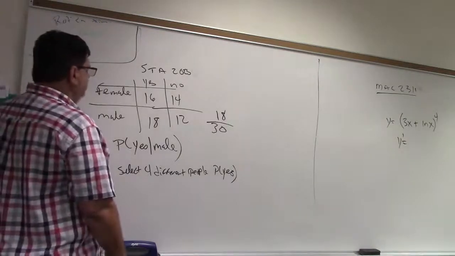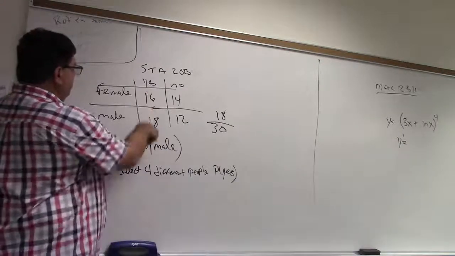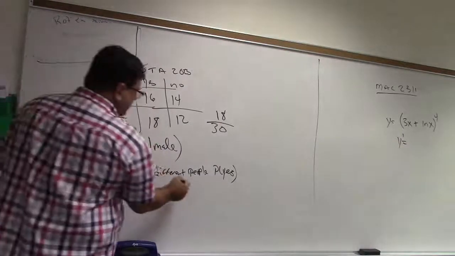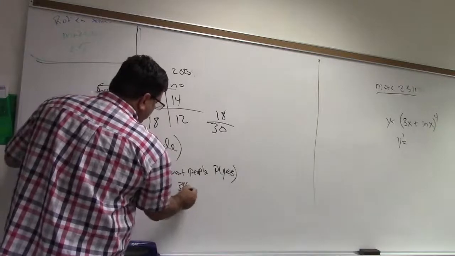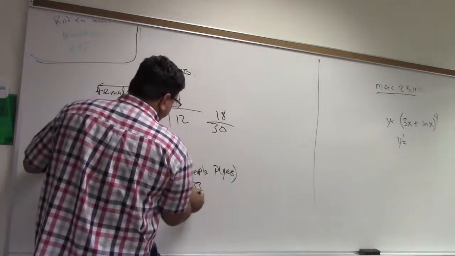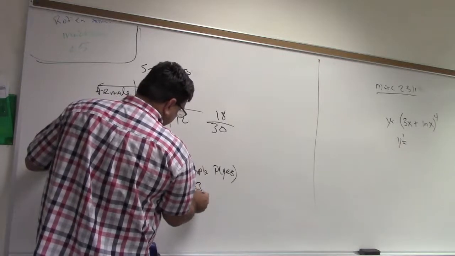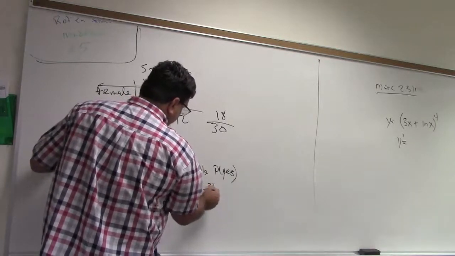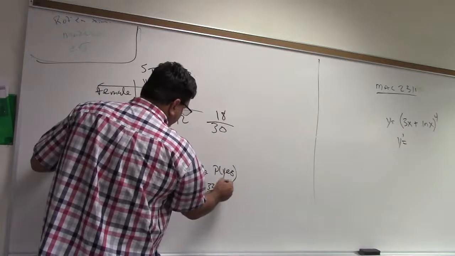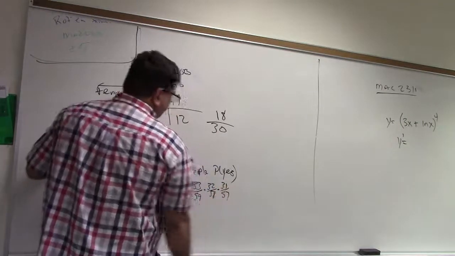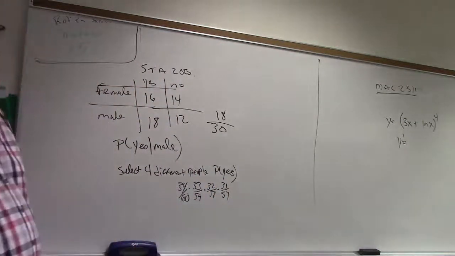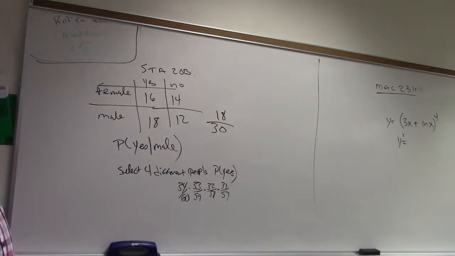How many people said yes? 34, yes? So it's 34 out of 60 times 33 out of 59 times 32 out of 58 times 31 out of 57. I told you it was next level.